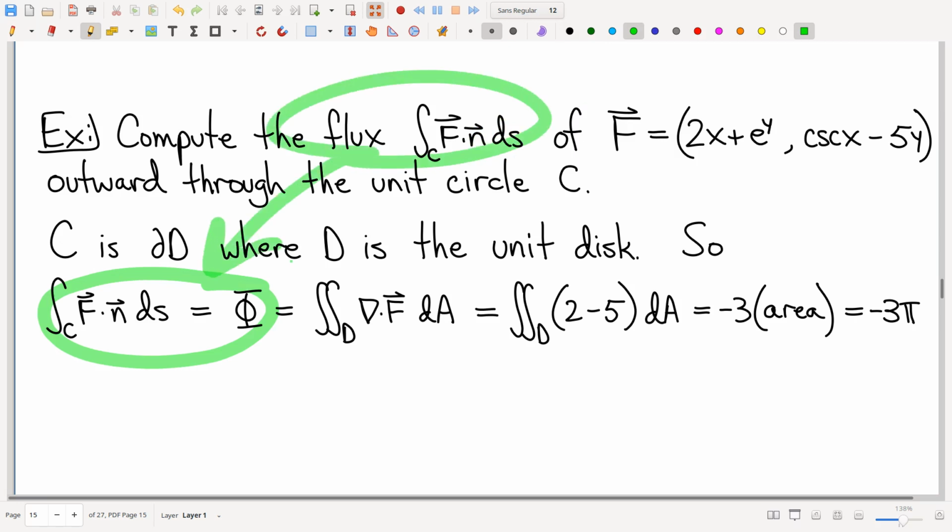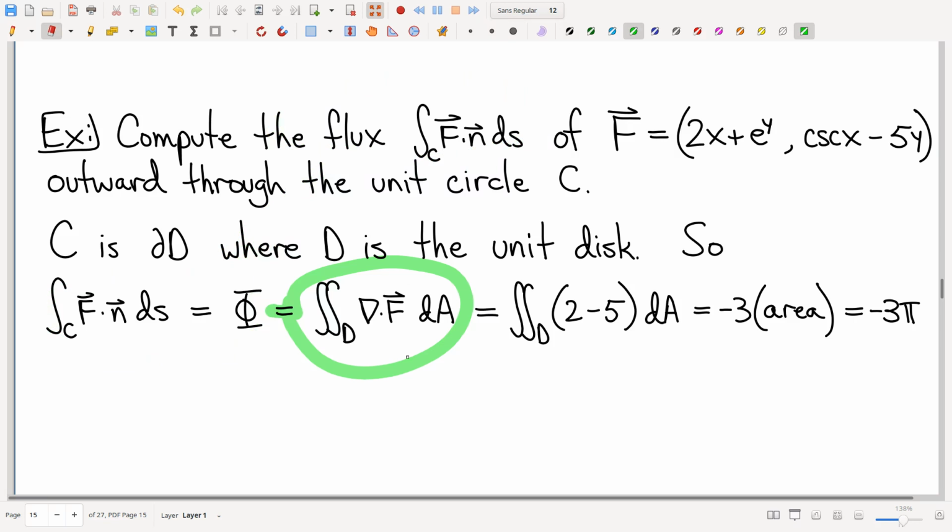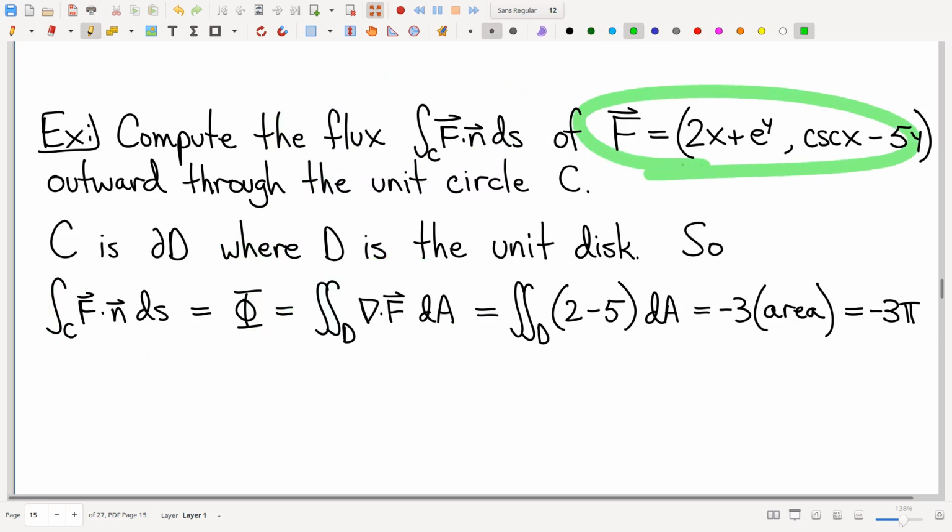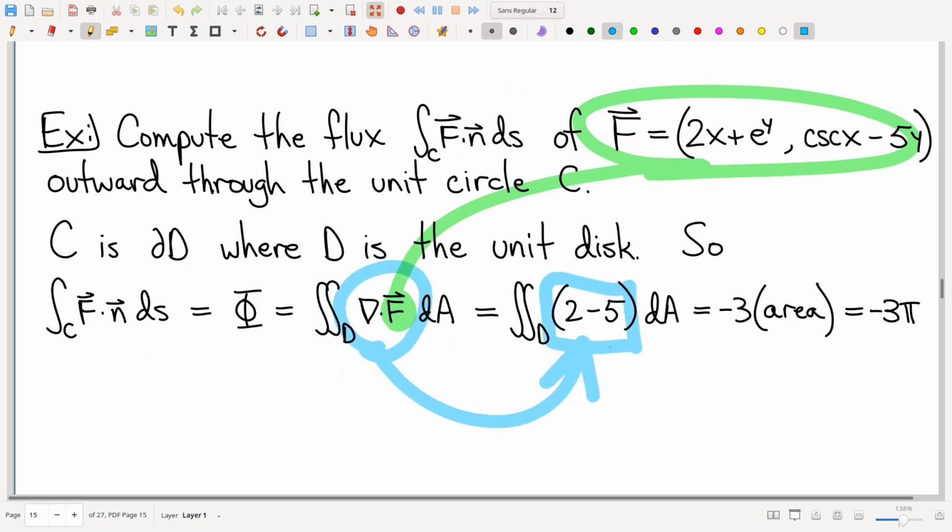Our new theorem says that outward-oriented boundary flux is a double integral of divergence. That's just copying straight from above. Now I just have to compute the divergence of this vector field. Here's our vector field F, the divergence, an easy calculation. It turns out to be -3, a super easy integral. We're done. We walk away and declare victory.